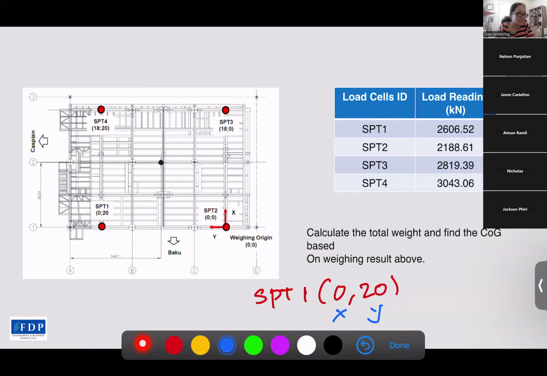It depends on what classification you have there. If it's critical, then you need to do the weighing. But if it's not really critical, then you can just calculate it manually. So it depends on how critical the object is. I'm not saying you always need to do the weighing, but if it's critical, then of course you need the weighing, Ayman.